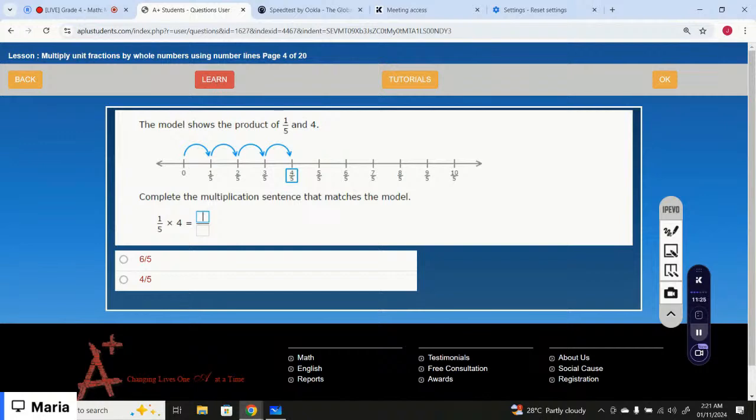So that is 1 by 5 times 4 is 4 by 5. Option number 2 is the correct option.